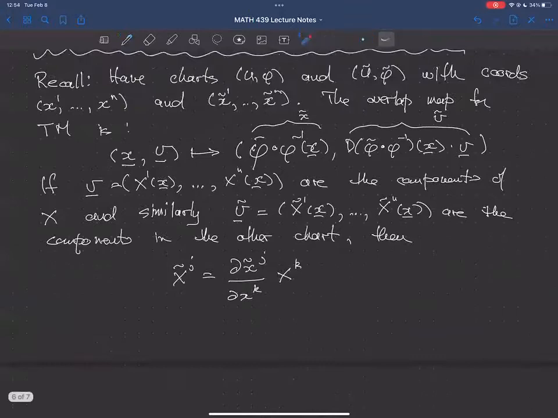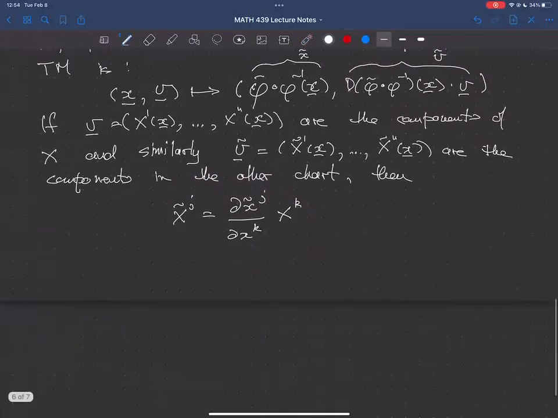All this is a representation of X tilde in terms of X, and the partial derivatives of x tilde with respect to x are exactly as I have here. So this formula here is simply that formula there. This is the change of coordinate formula for vector fields.